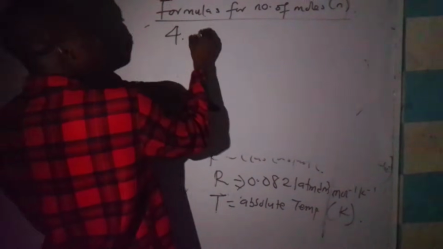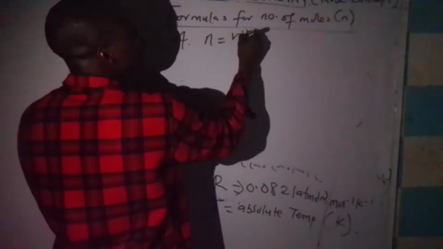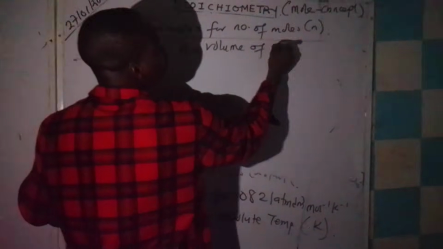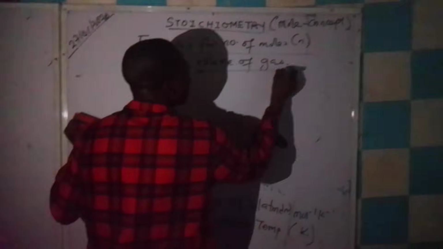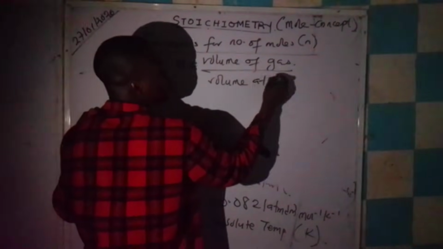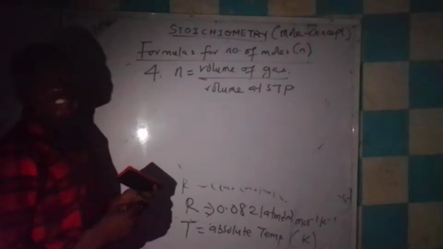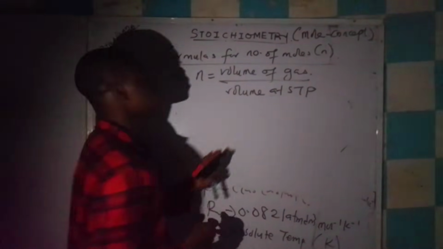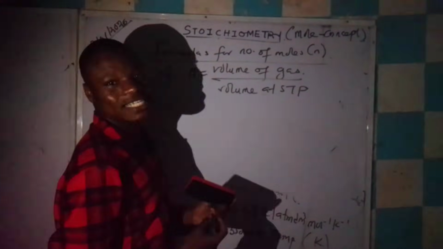The next formula is number 4 for the number of moles. Number of moles equals volume of the gas over volume at STP.